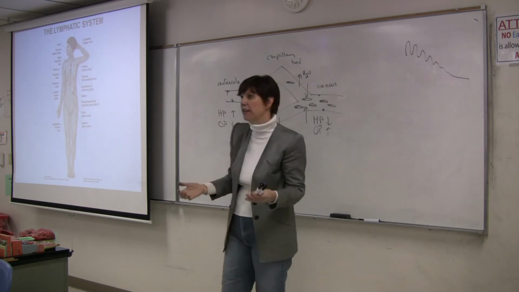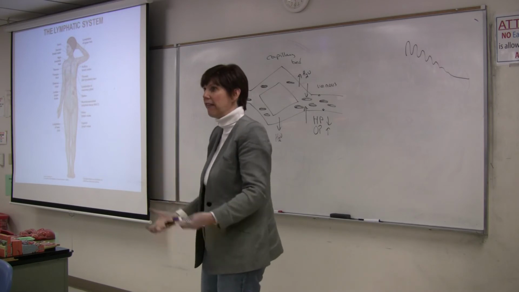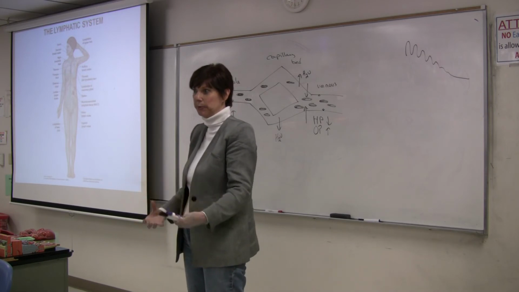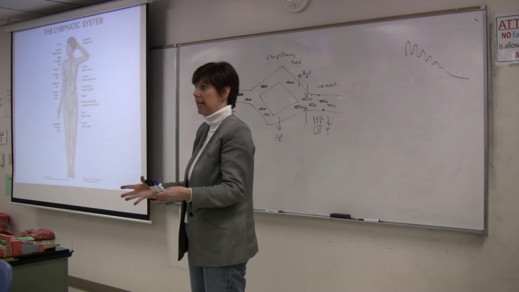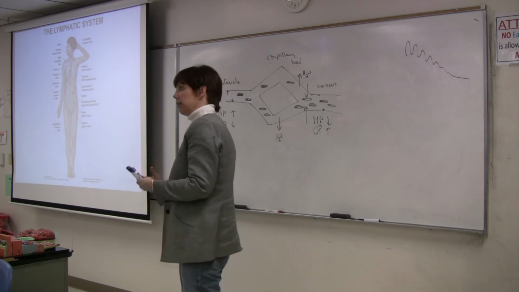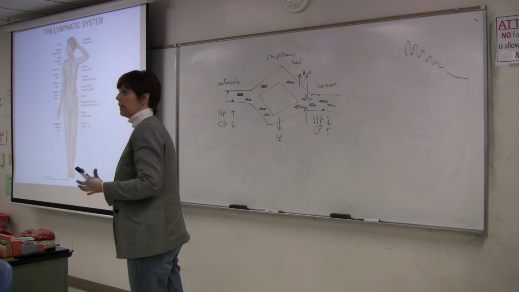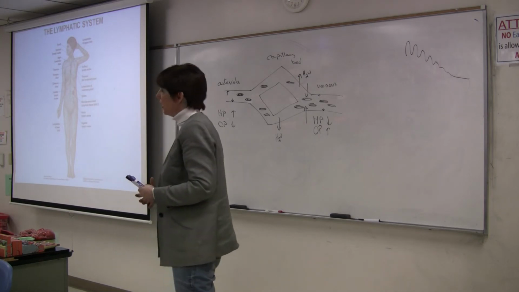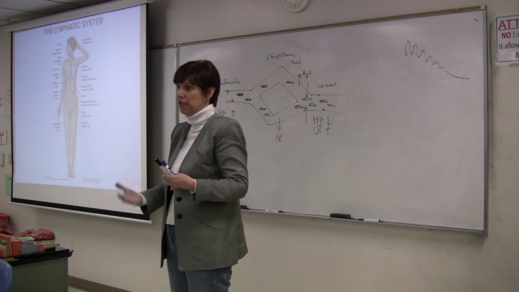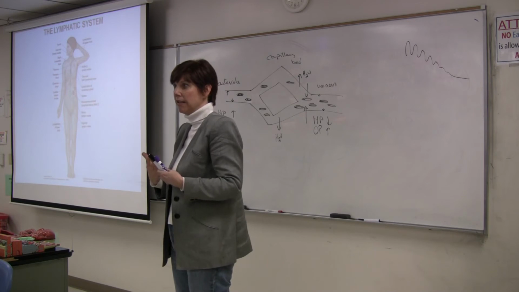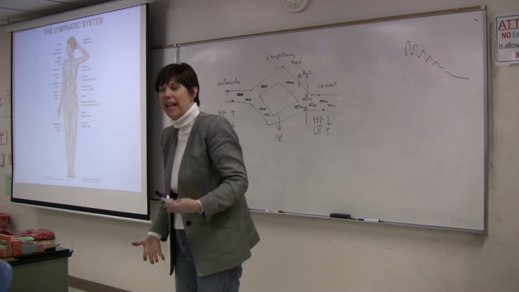Somebody standing on their feet all day, and the increased gravitational force causing blood to pool in the deep veins can increase that. A woman who is pregnant, all right, and the weight of the size of the uterus and the fetus pushing on the inferior vena cava is going to impede the return of blood to the heart, and so it's going to back up and increase.